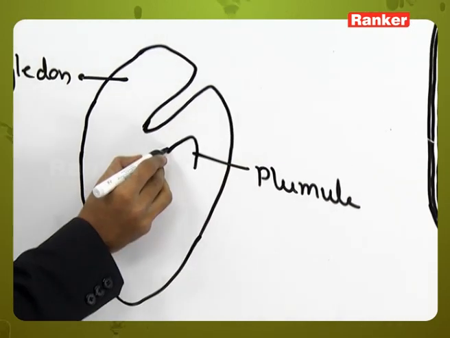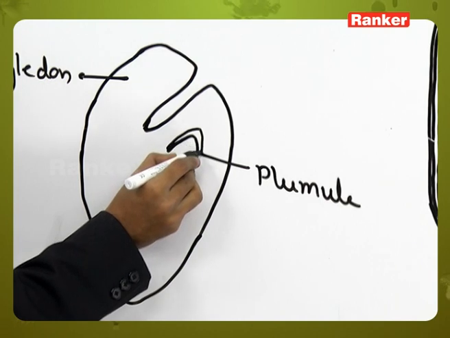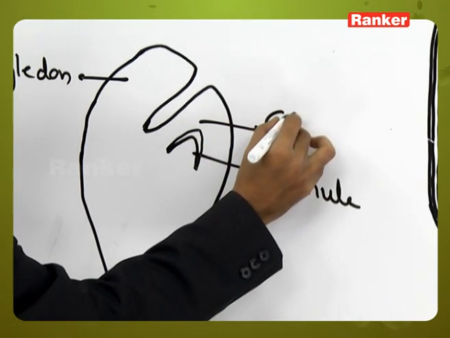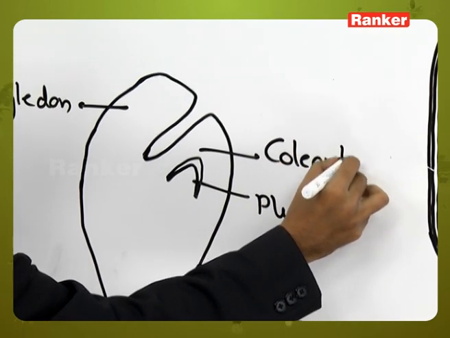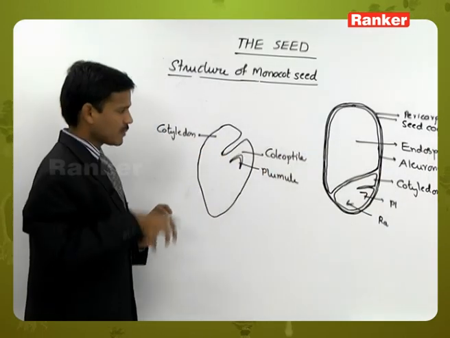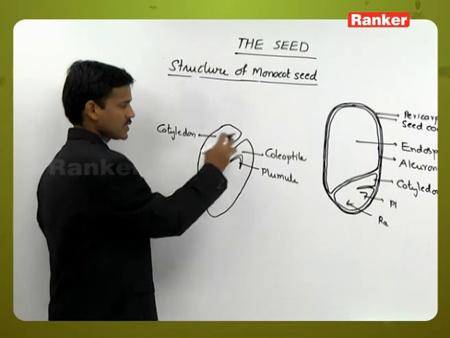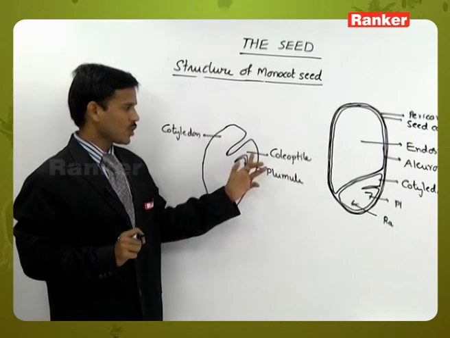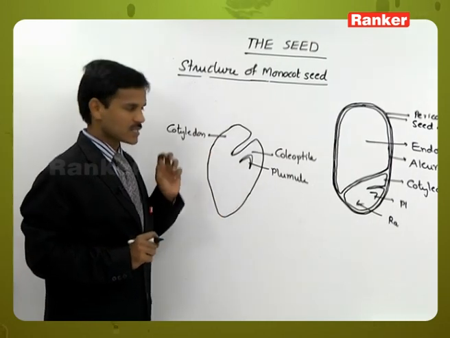This sheath is known as the coleoptile. The plumule is protected by a sheath called the coleoptile. Coleoptile is observed only in monocot seeds, not in dicot seeds.